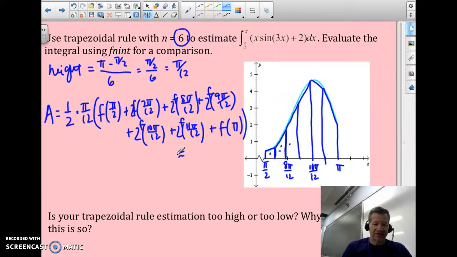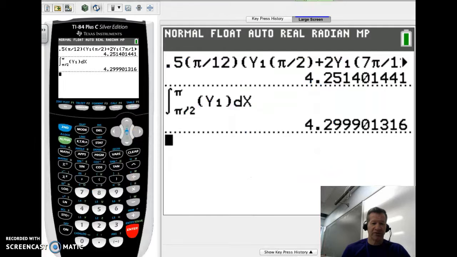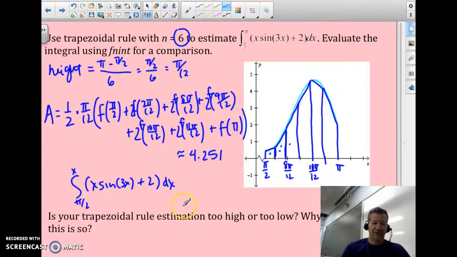So this is approximately 4.251, and the actual integral using fnint of this is, oh, and by the way, if you did this on your calculator and didn't get the same answer I did, check, make sure we're using a sine function. You've got to make sure you're in radian mode. So 4.299, or I guess that would be 4.300 if I round it. Let's truncate it. That way we don't have to even mess with it. 4.299. And there you go.